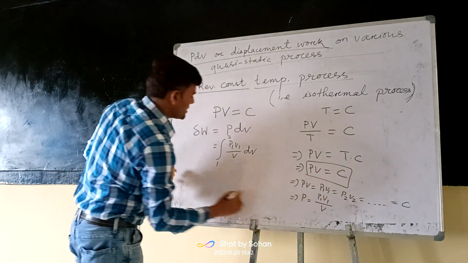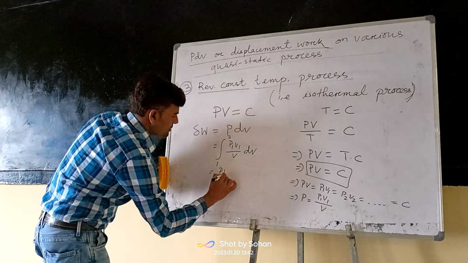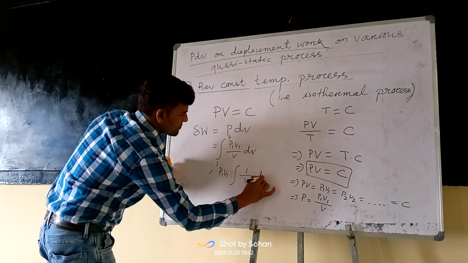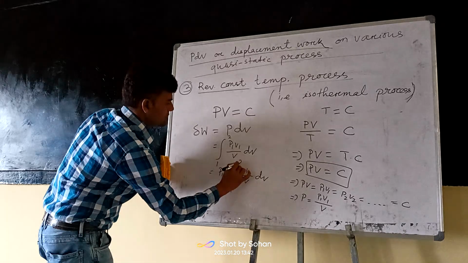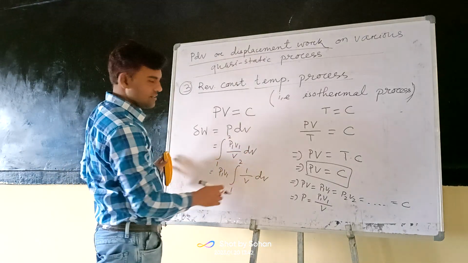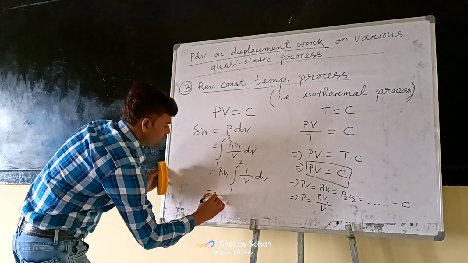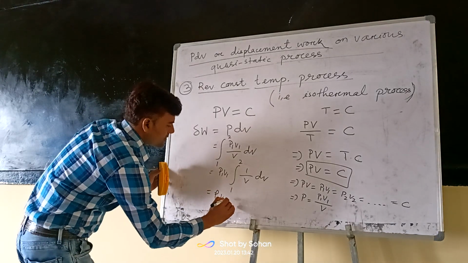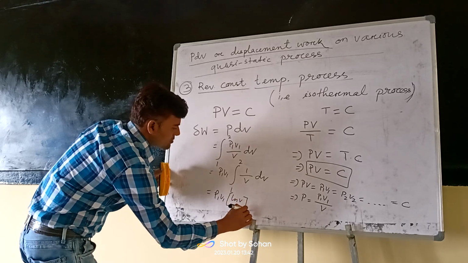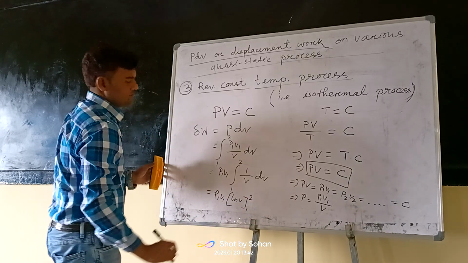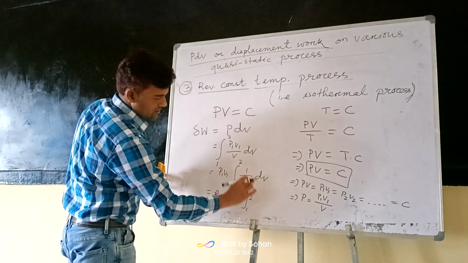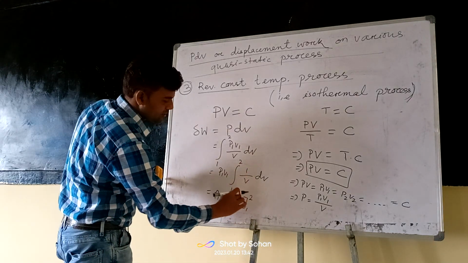P1 V1 equal to constant, take outside: P1 V1 times the integral of 1 by V dV from 1 to 2. Integration of 1 by V dV equal to ln V. So P1 V1 times ln V from 1 to 2, which is ln V2 minus ln V1, equal to ln V2 by V1.